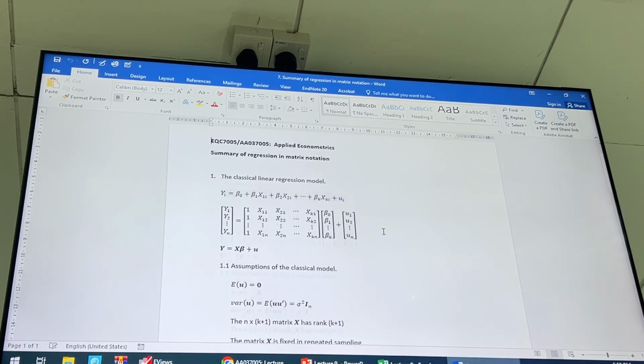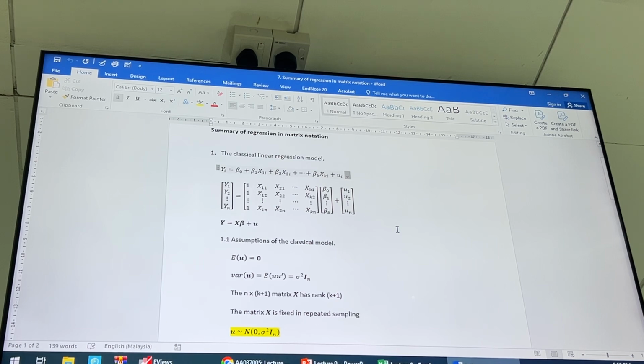So the earlier notes also explain about linear dependency between independent variables. You cannot have linear dependency. Remember that I explained earlier in the first lecture, we cannot have linear dependence between different columns of the X matrix. You express your X in matrix form.